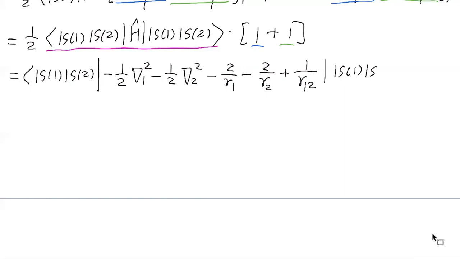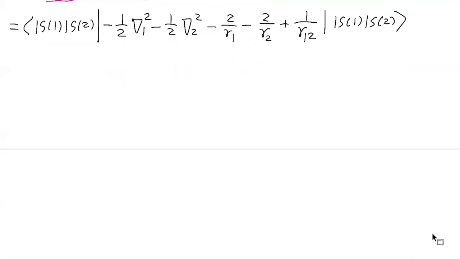Now, this term can be grouped into 3 terms.